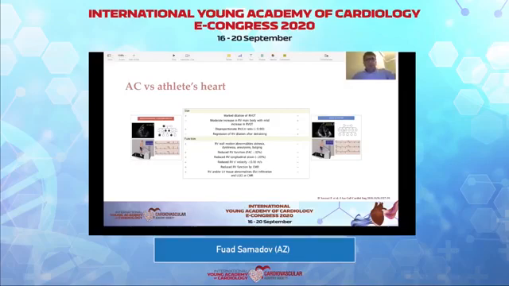And of course, right ventricular function is normal or mildly depressed in athlete's heart.